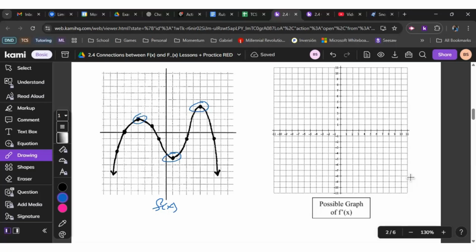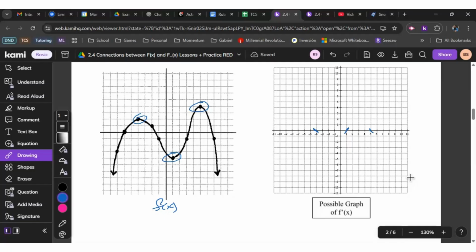So at this point, which is negative 4, we know that it has to go through this way. It's got to go down. At this point here, it's a minimum. What is it doing? From negative to positive. So at 1, it has to go from negative to positive. And at 5, where the other maximum is, it needs to once again go from positive to negative.